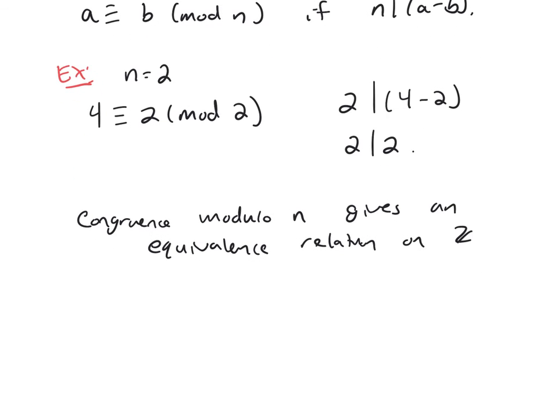From here we talked about the equivalence classes. We looked, I think, previously, for example, at congruence modulo 4, and remember that our congruence classes correspond to the remainders we get when dividing by n.